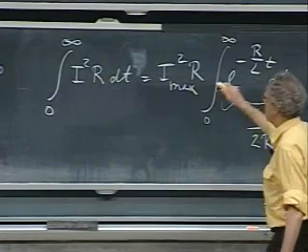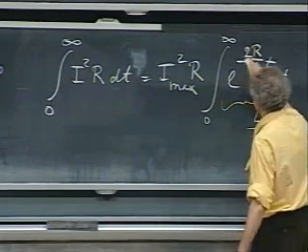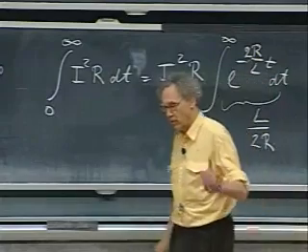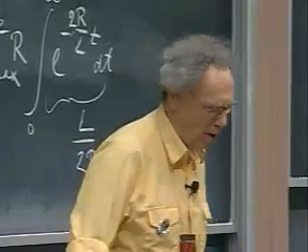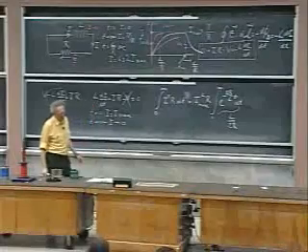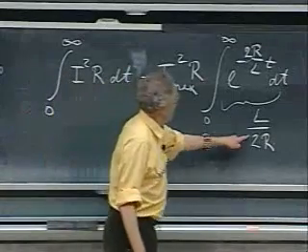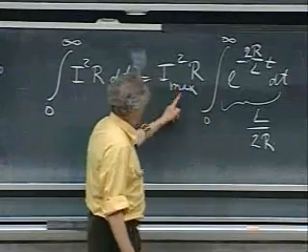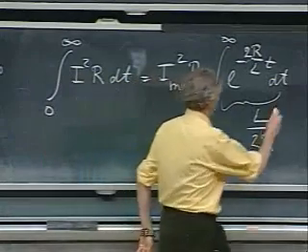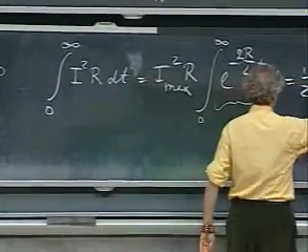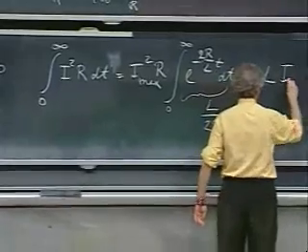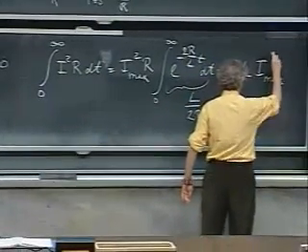Oh, by the way, it is I squared, so I have a 2 here. That's very important. Don't forget the 2. And so that integral is L divided by 2R. And so if now I look at the product of I square maximum R times L divided by 2R, I get 1/2 L times I maximum squared.